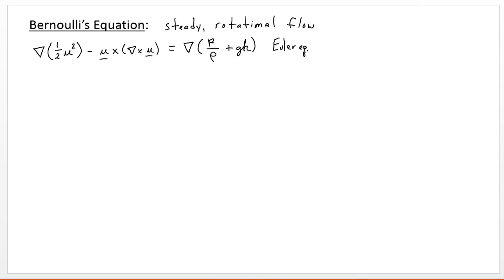So now what we want to do is take the dot product of the velocity with the Euler equation.